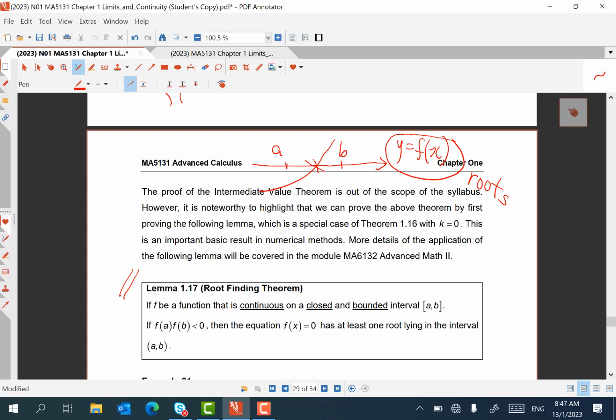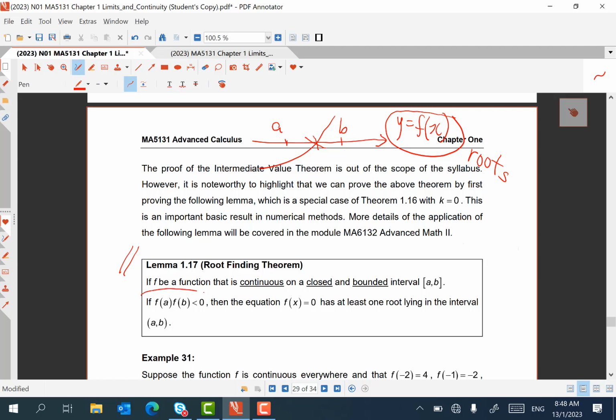It's a case of you trying to ensure its existence before you try finding it. You can just do it by trial and error. So you're given a function, and if you just do it by trial and error, and then you chance upon points a and b such that this result holds true.